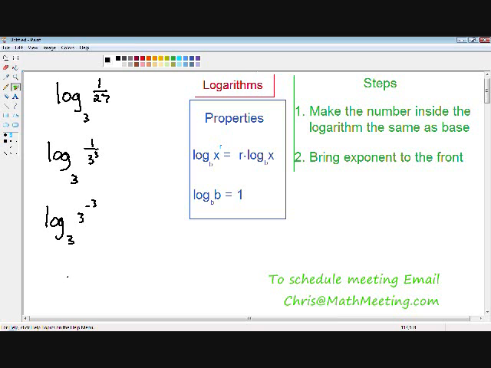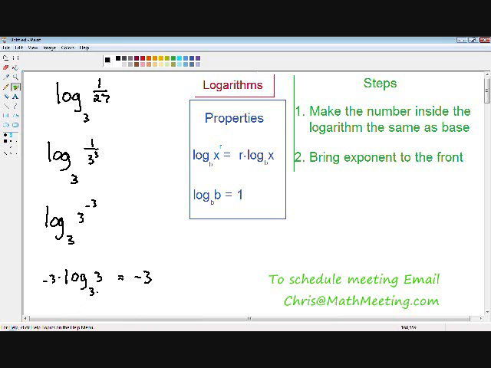Now moving on to step number 2. I'm going to drag the exponent and bring it to the front. Once again, I'm just using the properties of logarithms, the exponent property. I'm going to put a little dot to show that we're being multiplied. Now we have a -3 multiplied by a log that has the same base as the number that's inside the logarithm.